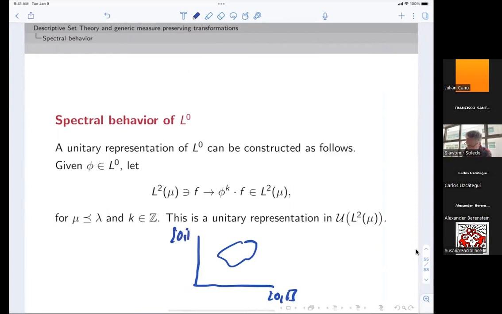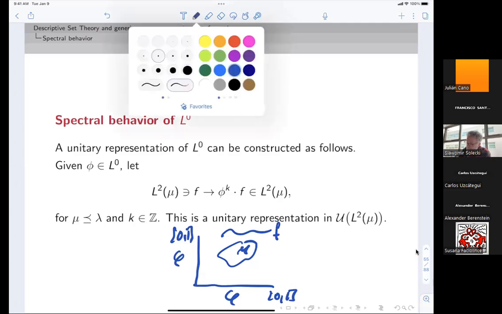That's your mu. And I look at L2 of mu, so functions here. If I take phi from L0, I have phi on both coordinates, and I have to have a way of acting on this function in L2 by phi.